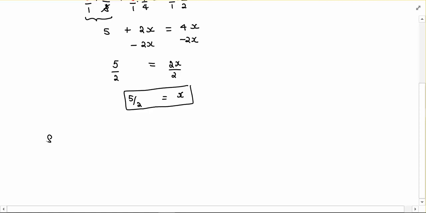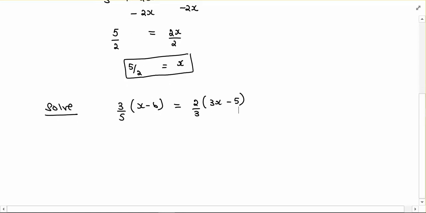So solve, and this time let's make it a little harder. So here is the problem. 3/5 times x minus 6 equals 2/3 times 3x minus 5.